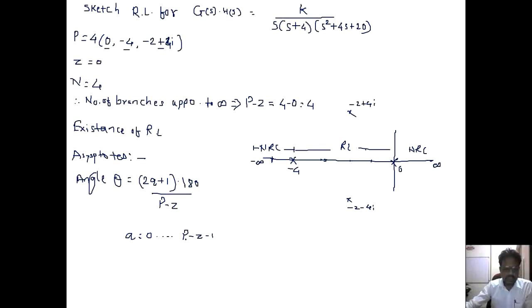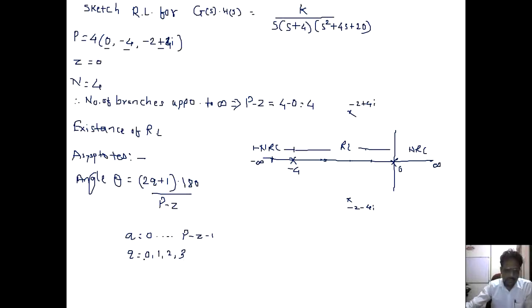So p - z is 4 minus 0, that is 4, and 4 minus 1 is 3. So the values of q are 0 to 3: q is equal to 0, 1, 2 and 3. We have to reach up to 3, and consider the 0 value also. So we have 4 values for q.